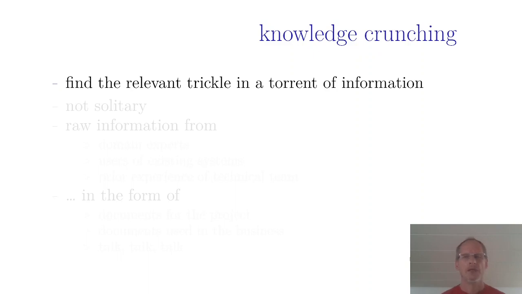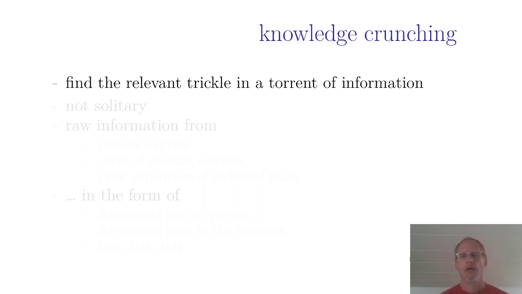We will call this activity that I hinted to on the previous slide knowledge crunching. Knowledge crunching is about discovering knowledge, exploring knowledge around the domain, around the requirements of the application, around the implementation.